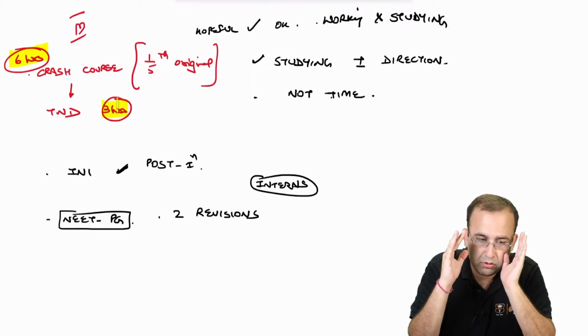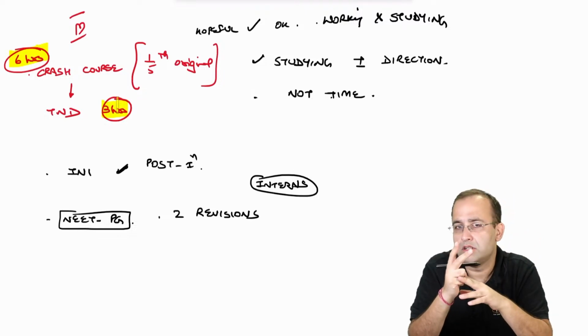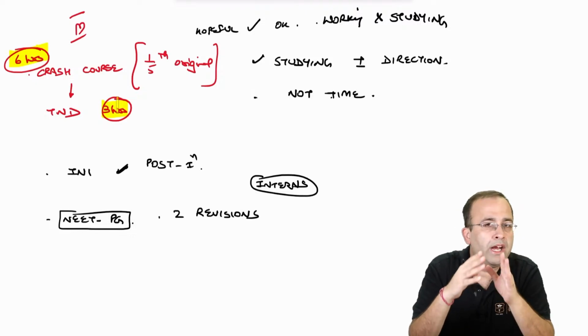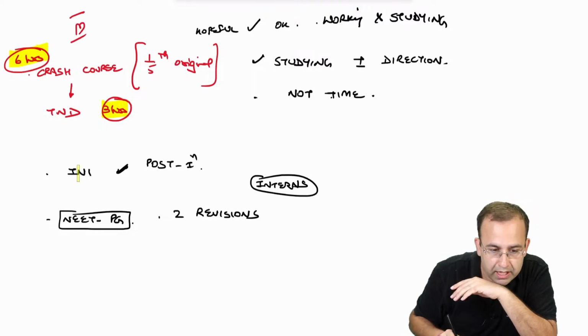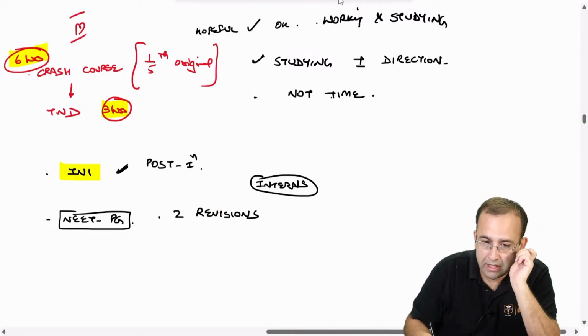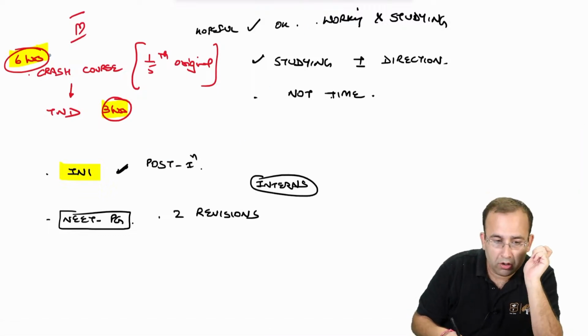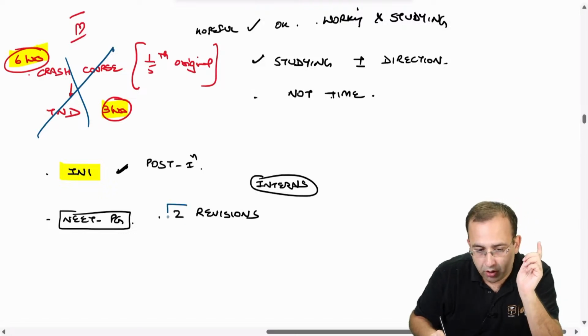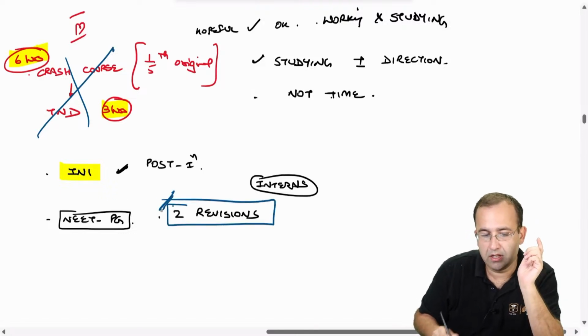But if you do the crash course and test and discussion, give the test and listen to the discussion, these 7 to 8 hours of study will be extremely beneficial for INI. But I'm again saying this with a huge but. Do not do this if you have not done a minimum of 2 revisions till now.